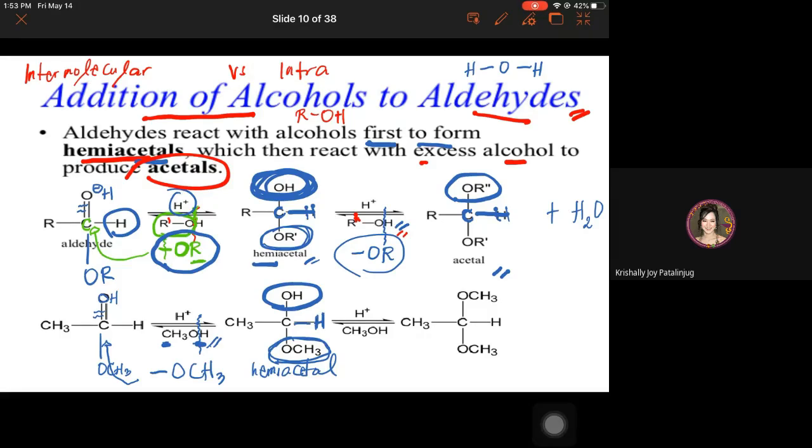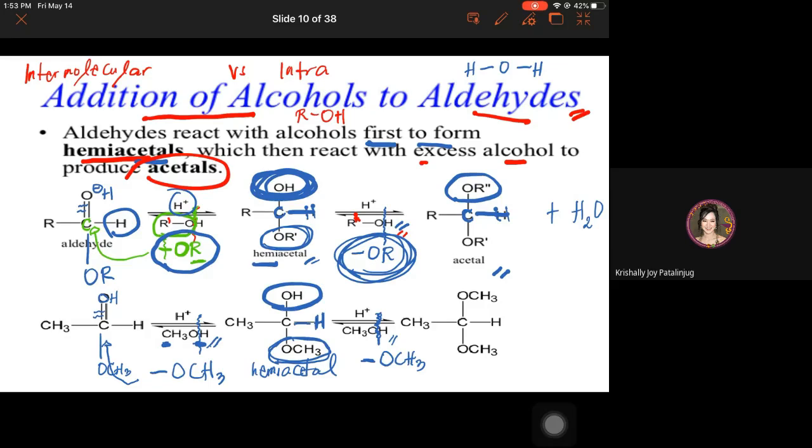Now, from hemiacetal, this will be further added with alcohol. Not oxidized, okay? It will be further added with alcohol. So we again use methanol. What nucleophile is produced from methanol? The OR. Which OR? OCH3. Just deprotonate it, removing the H. So this is OCH3.